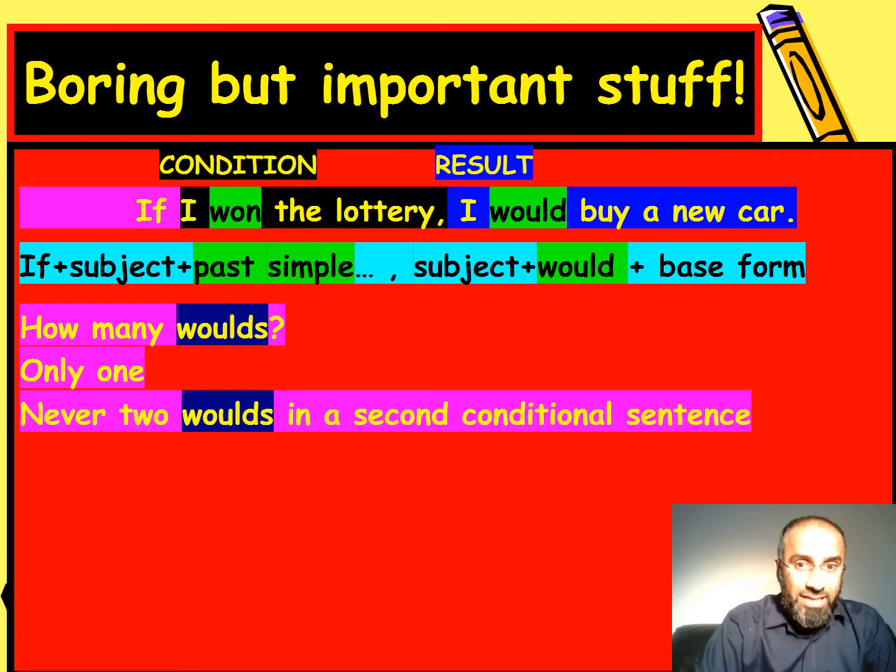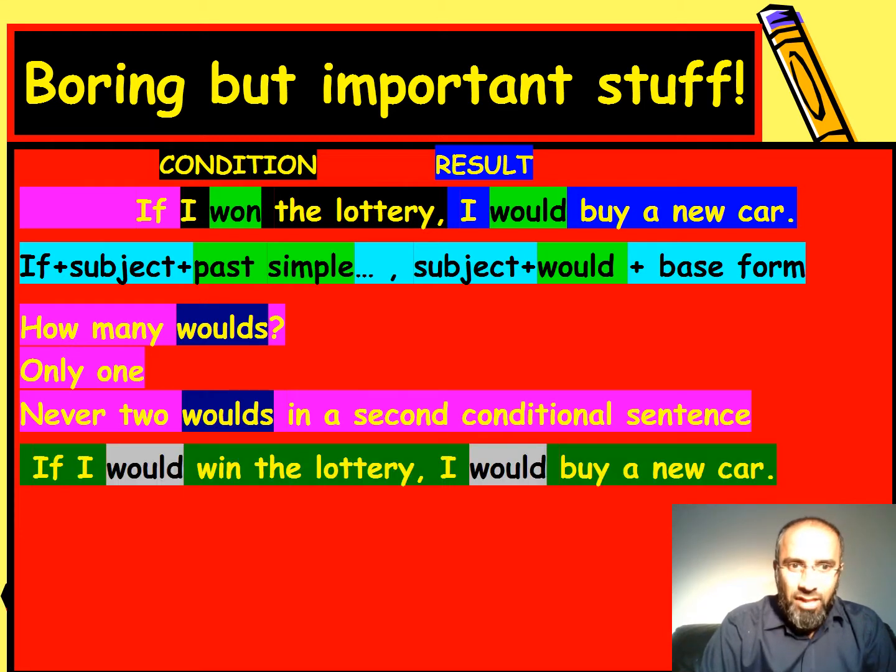The sentence is incorrect. Well done. For example, if I would win the lottery, I would buy a new car. Two woulds. Not good. So that is wrong.